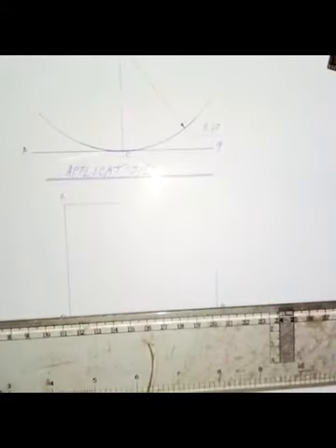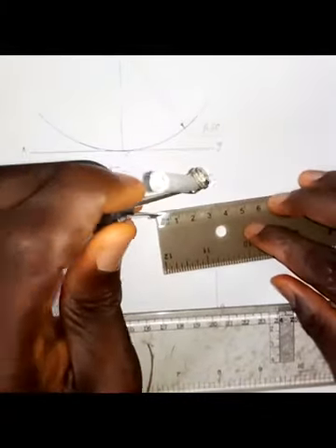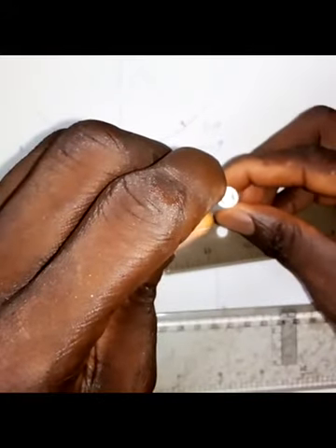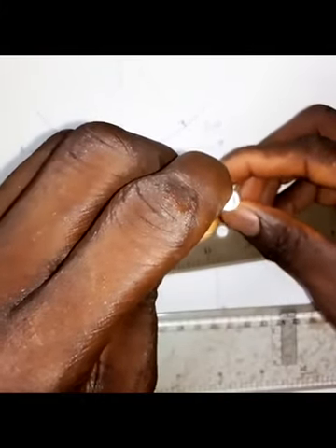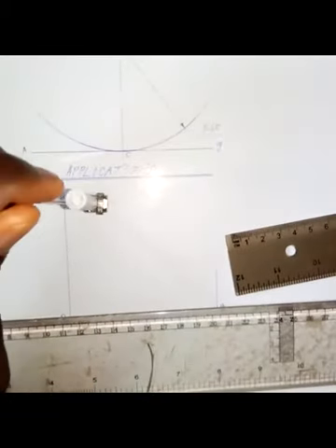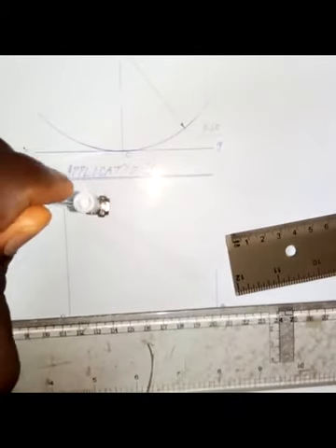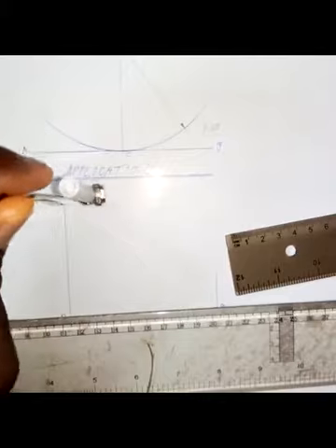Let's say the radius of the arc that we want to use to connect them together is 20 mm. So I will measure 20 mm on the ruler. I'll put it here at point A and make an arc on this line.